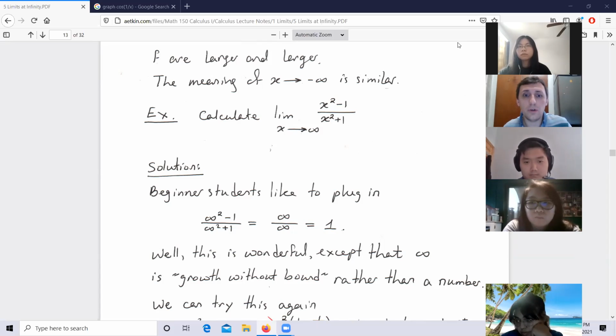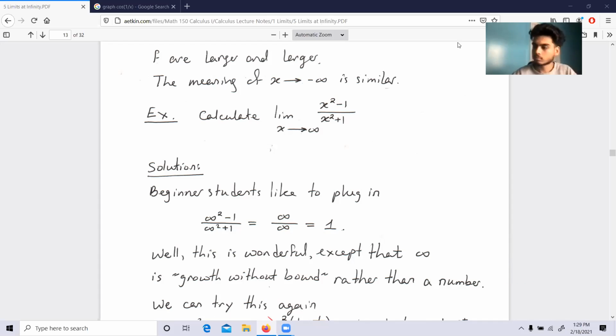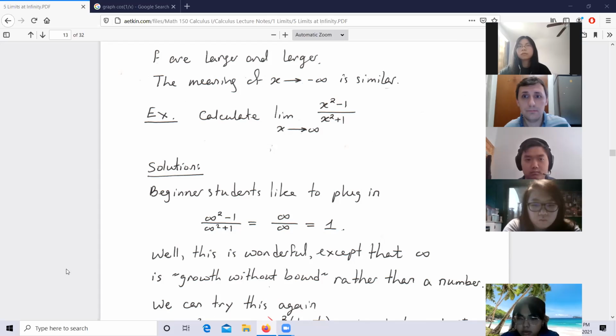A y value of the graph, but more specifically, what is a horizontal asymptote? Infinity, very vague. What is a horizontal asymptote? What shape am I going to see?